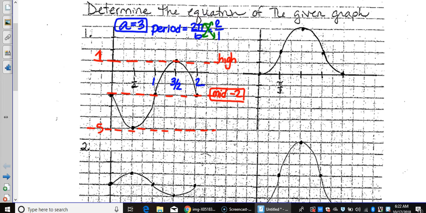Let's cross multiply. We get 2b equals 2 pi. 2 times b equals 2 pi times 1. Solving for b, we'll divide by 2, divide by 2. B equals pi.